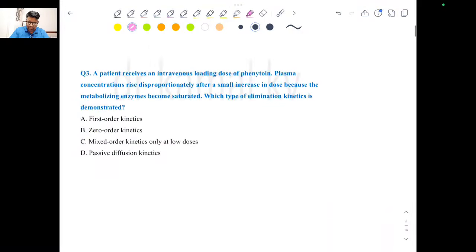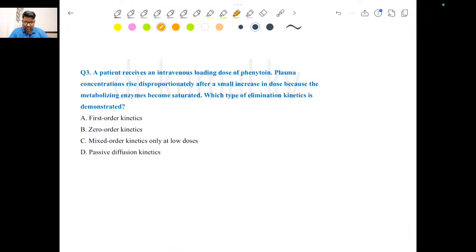Then moving forward to another question: a patient receives an intravenous loading dose of phenytoin. Okay. Now, plasma concentrations rise disproportionately after a small increase in dose, and the reason is that the metabolizing enzymes are saturated.